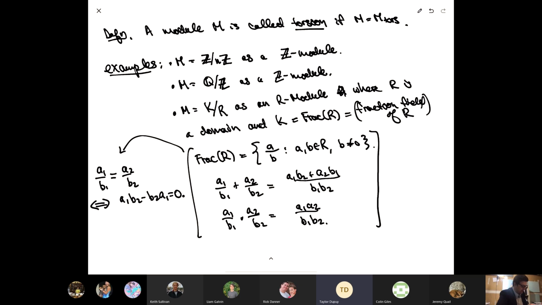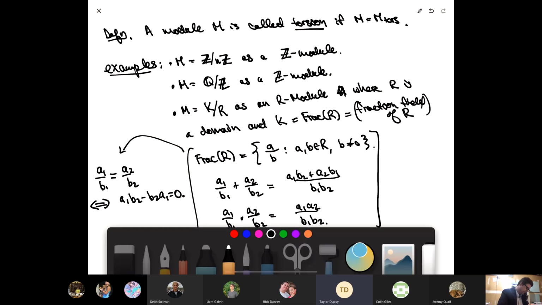So you just separate the numerator. Sometimes the fraction field is formally defined as ordered pairs with this addition and multiplication and this equivalence relation.